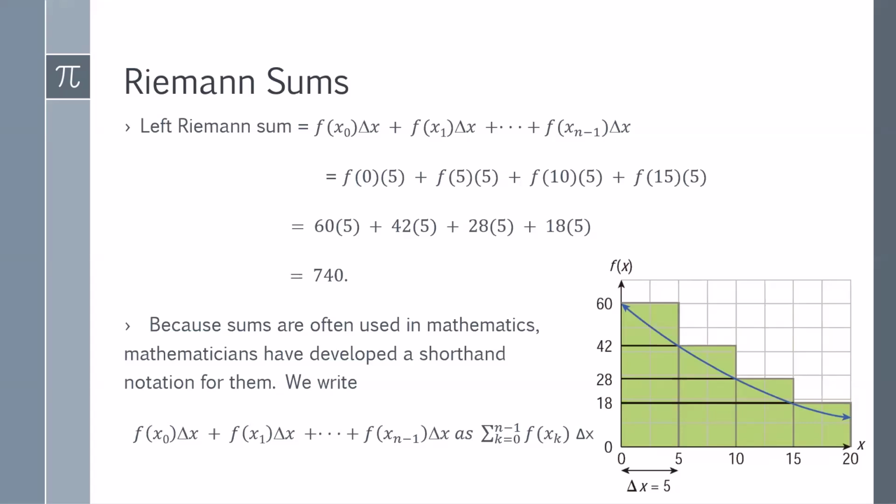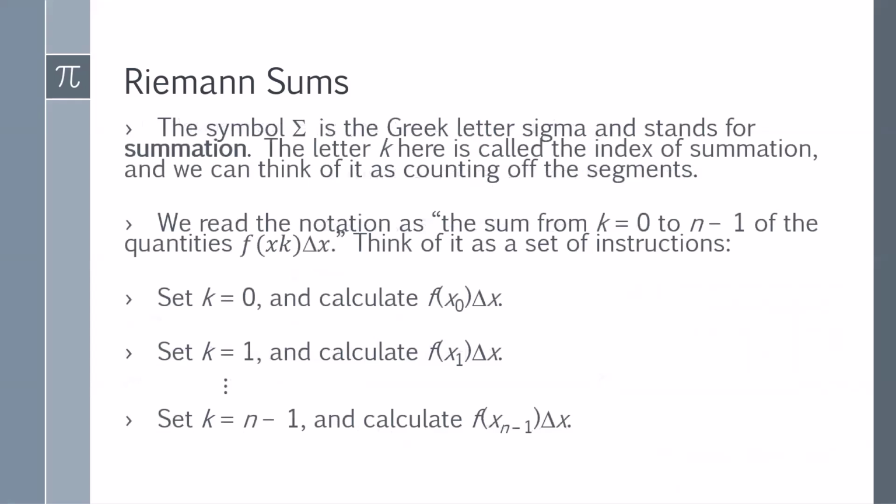We can think of this as adding a bunch of things that look like f of xk times delta x. And our k is a counter that goes from 0 to n minus 1. The symbol that we see here is a Greek letter sigma, and it stands for summation.